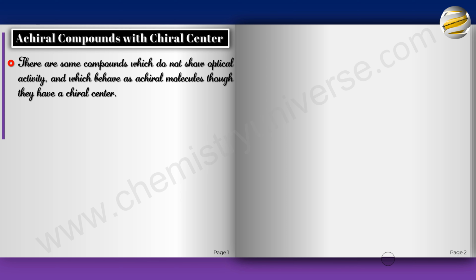Remember, I'm mentioning the word a chiral center. That means one chiral center. We've already seen a situation where there were two chiral centers and yet the molecule was optically inactive. But having one chiral center and being optically inactive is something which is not that easy to comprehend and which is a little bit rare.